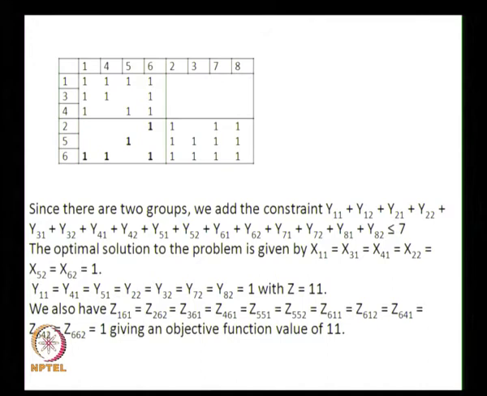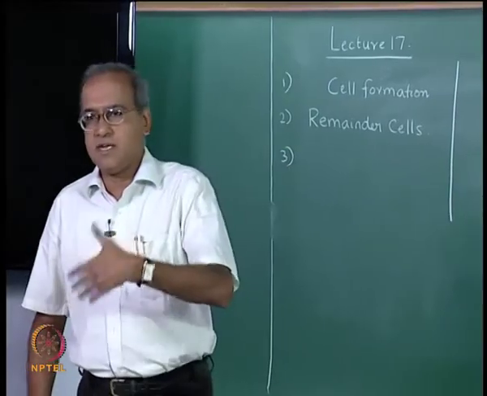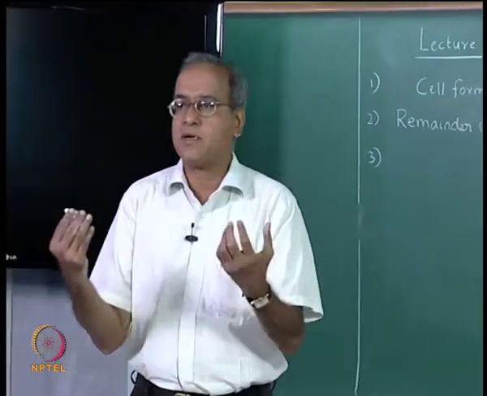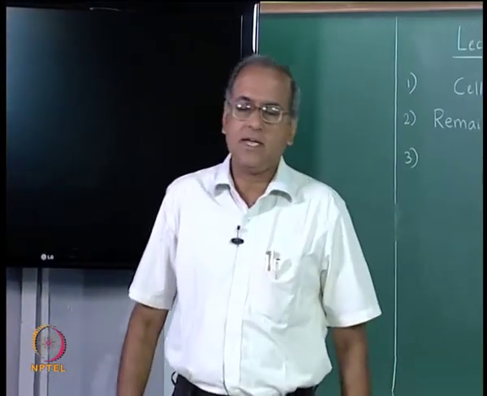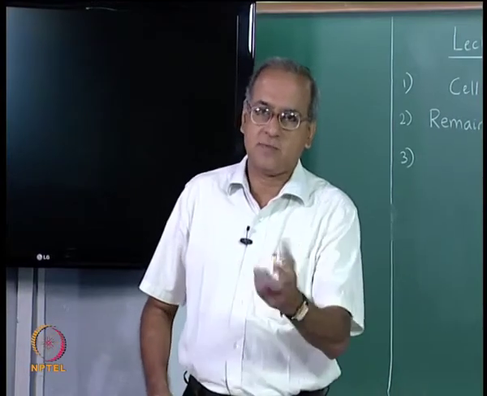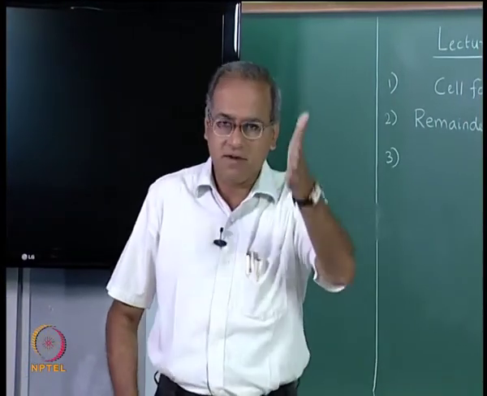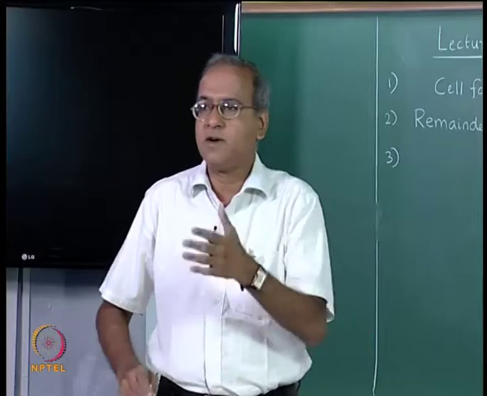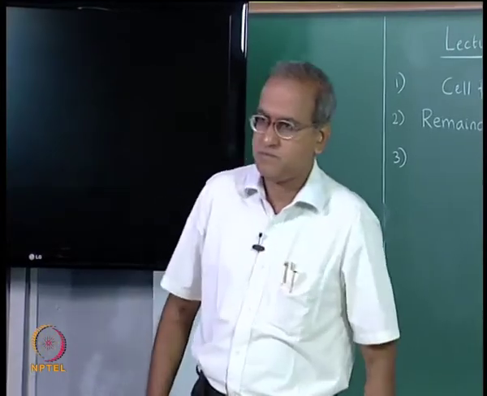So, as variety comes in, as products change over a period of time, which results in more and more newer parts coming into the system, and each part being represented by a column, as products change, product variety changes, part variety changes, and this will result in more intercell moves.